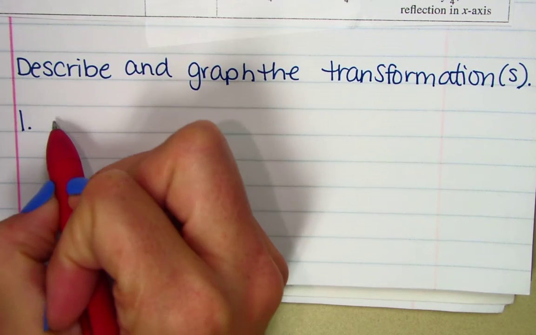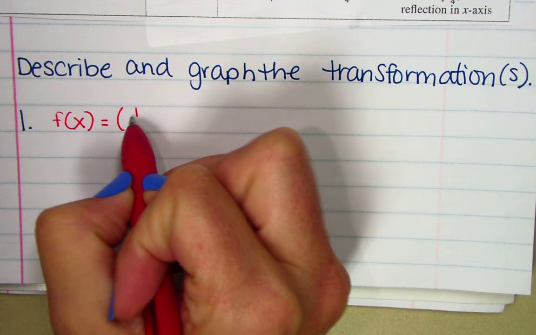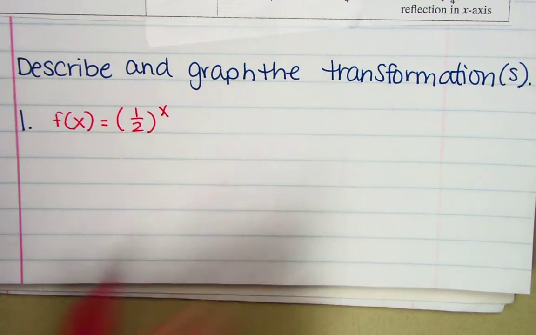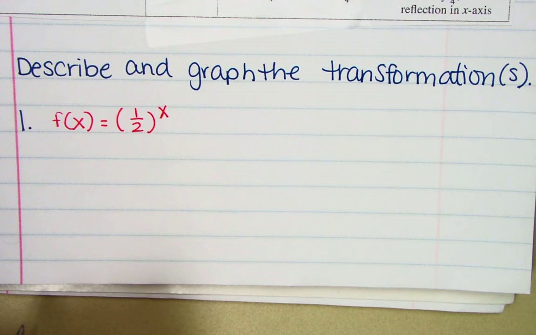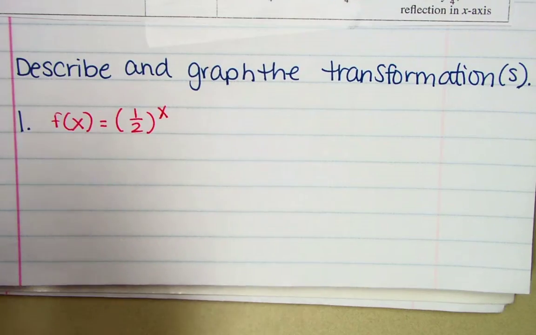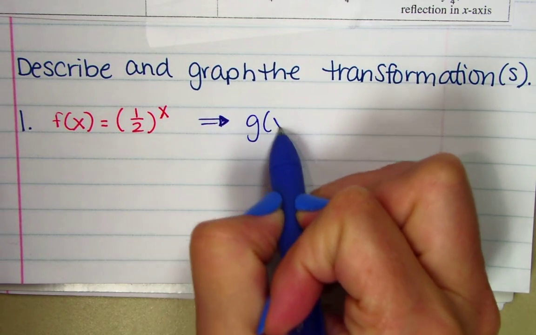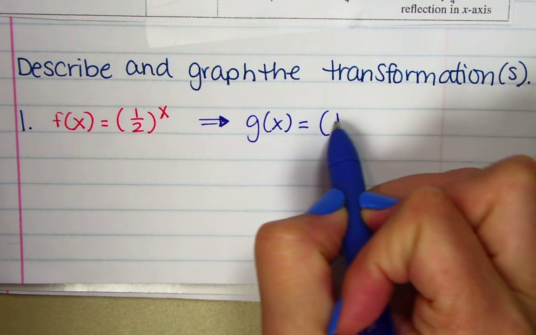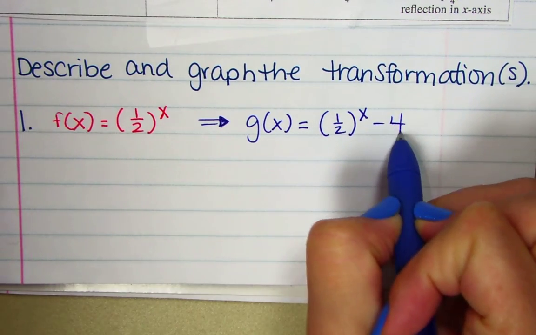So first, my f of x on this one is just going to be 1/2 to the x. And my g of x, it's been transformed, is going to be 1/2 to the x power minus 4.